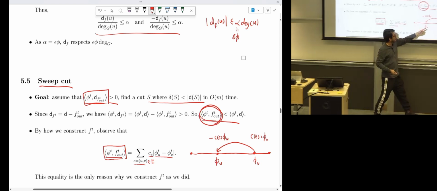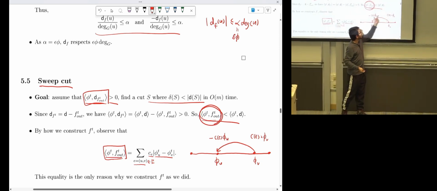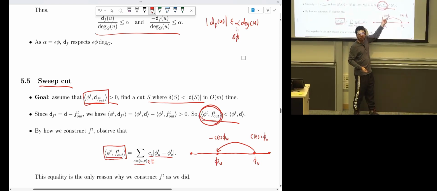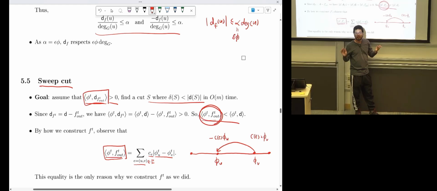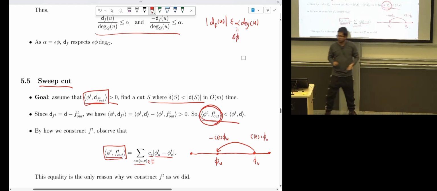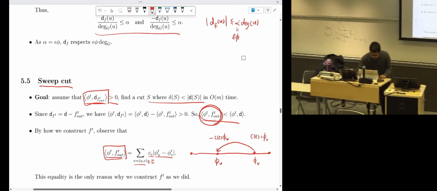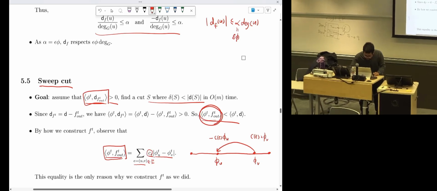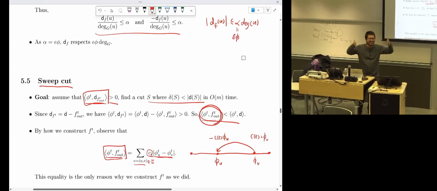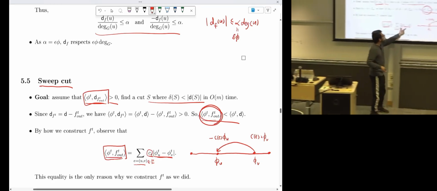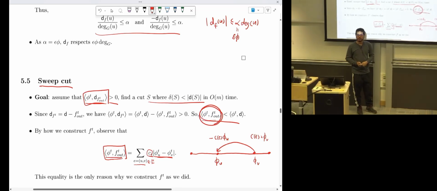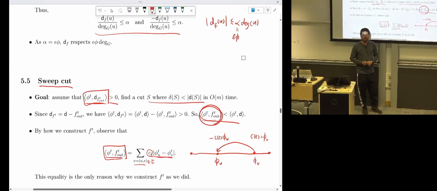So each edge contributes this much minus this. Make sense? So an edge E just contributes C_E multiplied by the difference between the potentials. That's it.